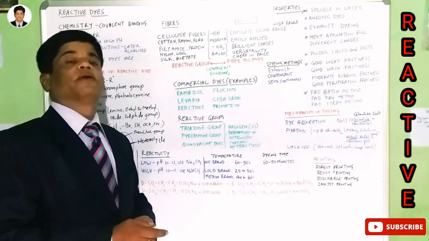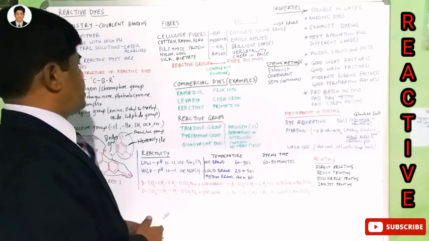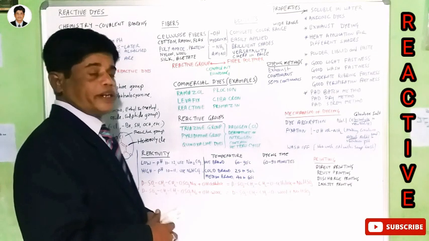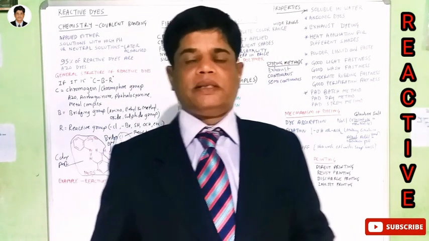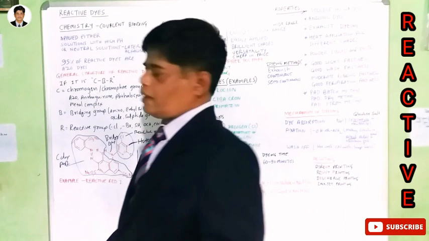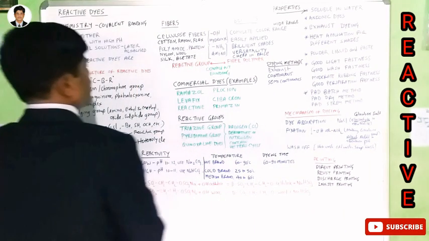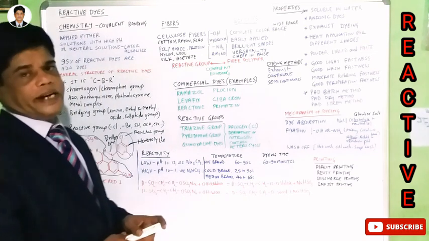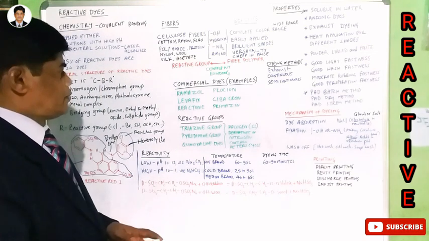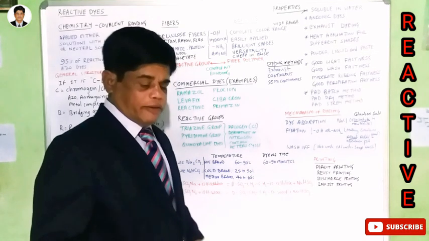Polyamide means nylon, that is dyed with reactive dyes. Protein fibers: wool is a protein fiber, silk is also a protein fiber, those can be dyed, and nylon also. Acetate fibers are also dyed with reactive dyes.